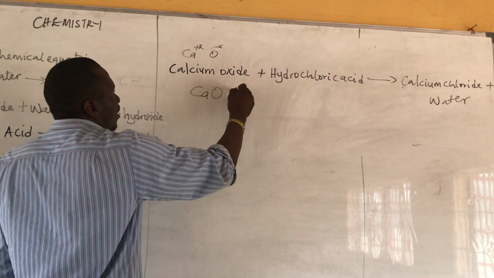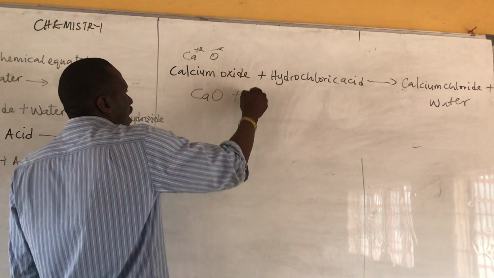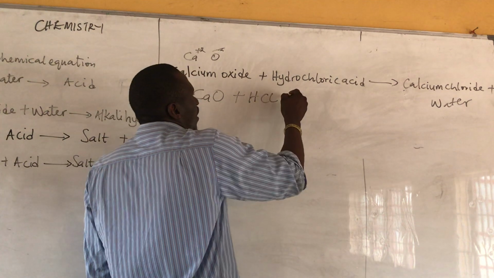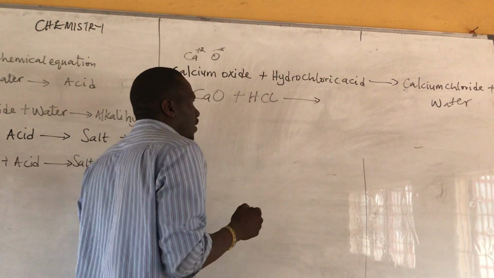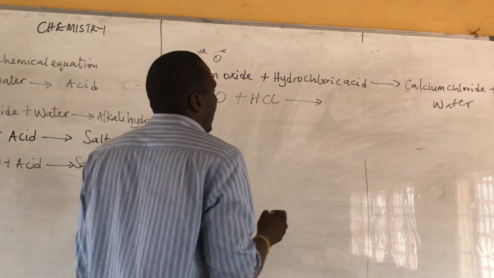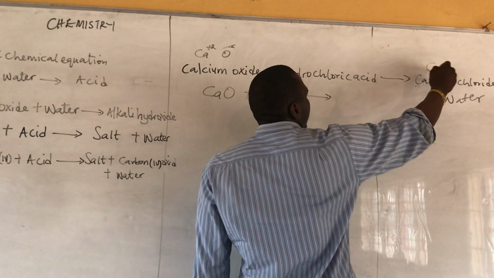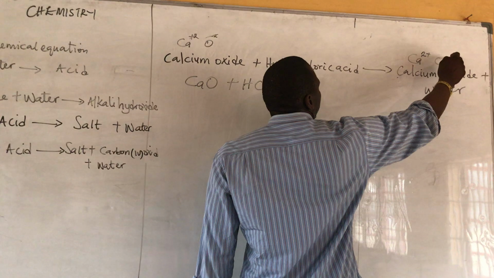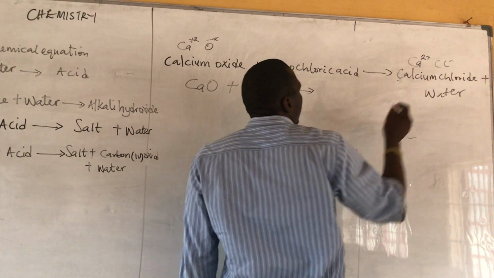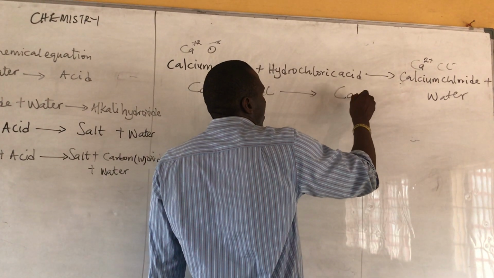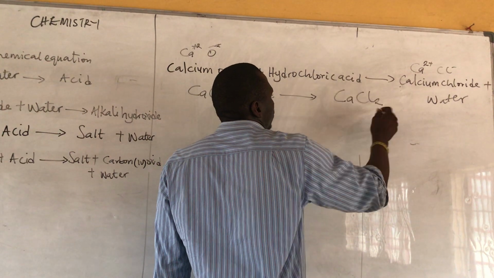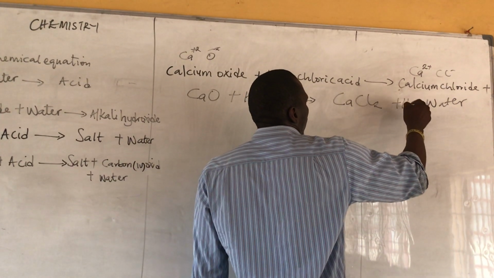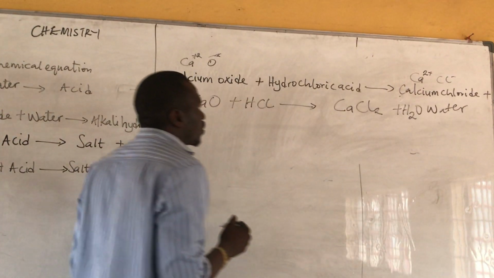Hydrochloric acid: hydrogen and chlorine have valencies of +1 and -1 respectively. Then to give us calcium chloride: Ca2+, chlorine minus; when I exchange the valencies, it becomes CaCl2. CaCl2 plus water.